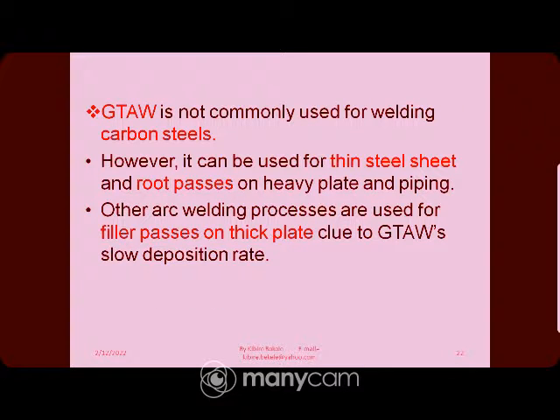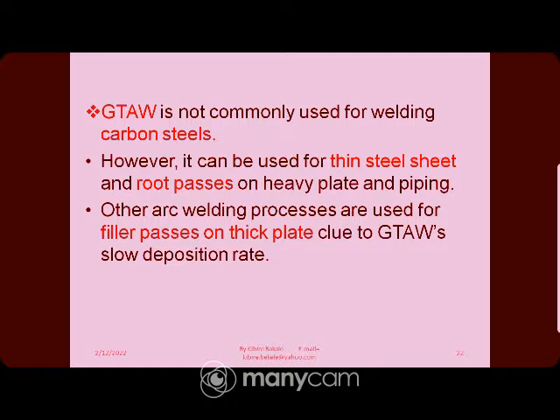Gas tungsten arc welding is not commonly used for welding carbon steel. Why? Because there are other welding processes which are low in cost. It is a costly process, and it is also complex and needs highly skilled manpower, which increases the cost of the products.